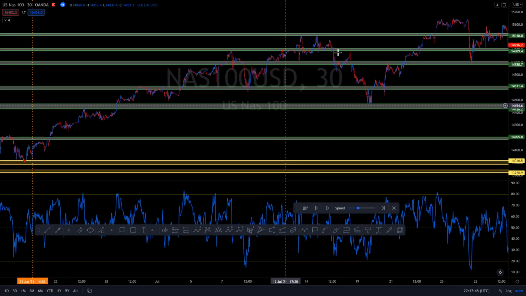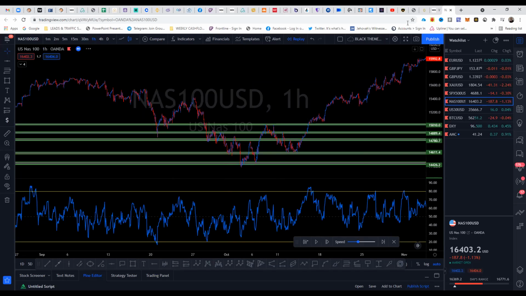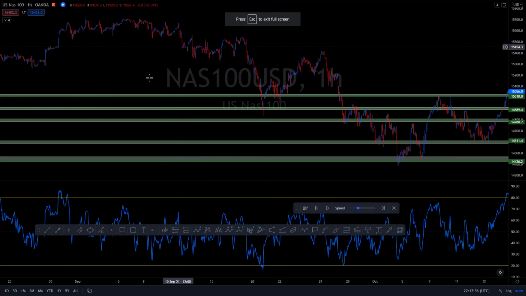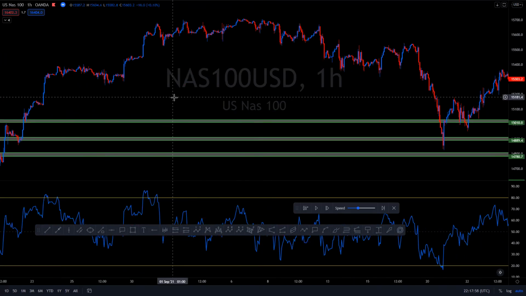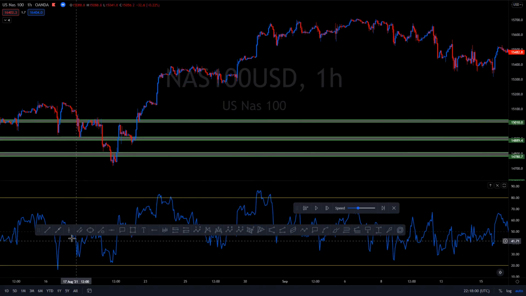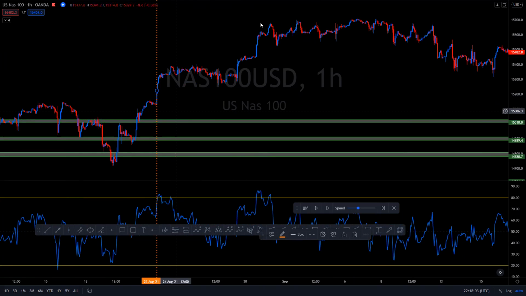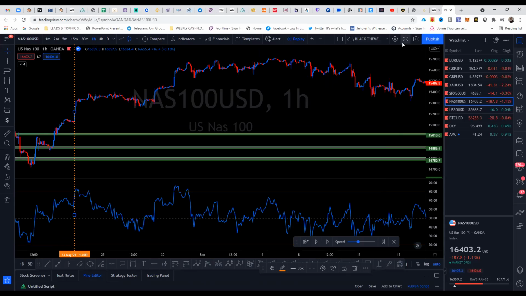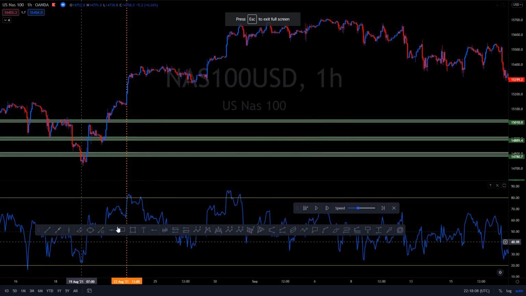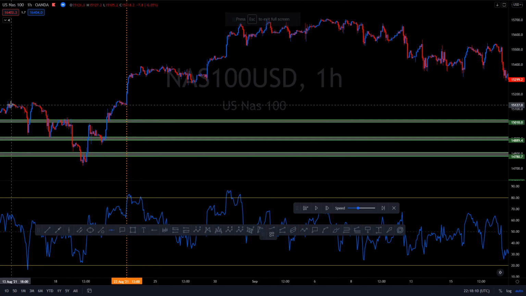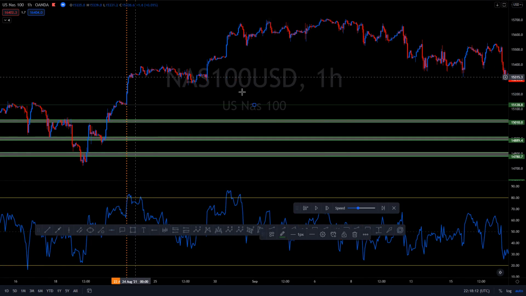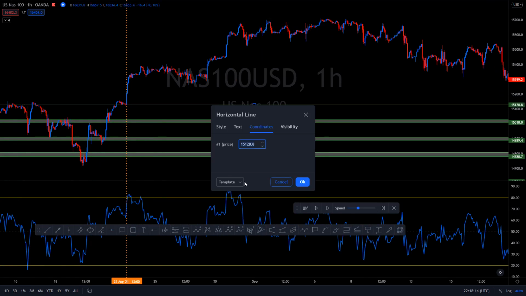Now we're going to go into the 1 hour here. All right, so we marked it up all the way to this point. We've got to mark up to here. Let me take the vertical line. Right. With this, an imbalance, an institutional move there.